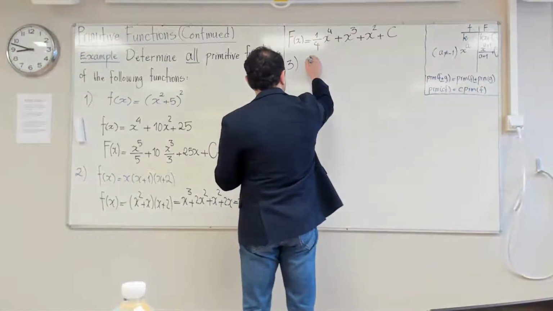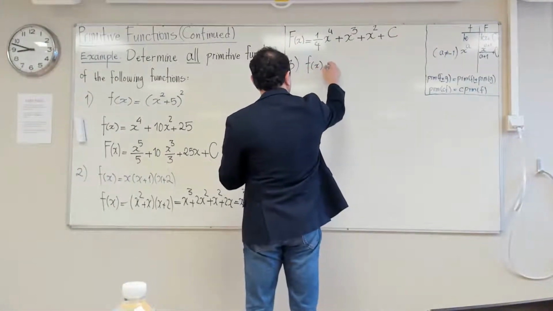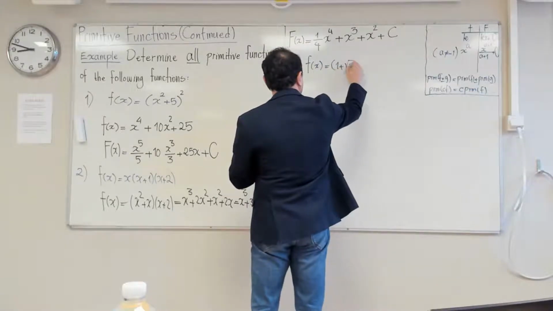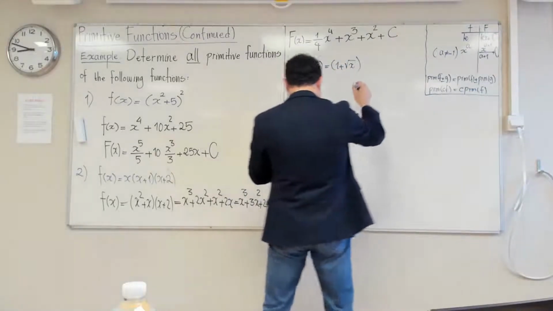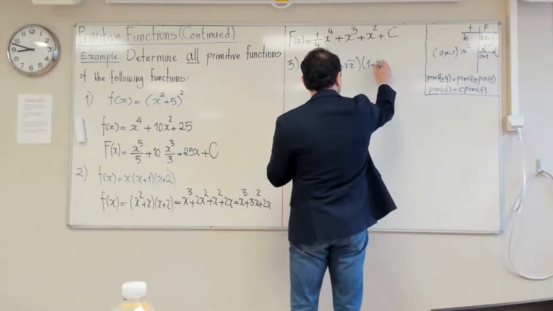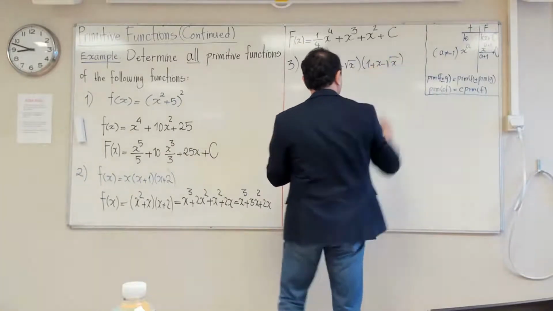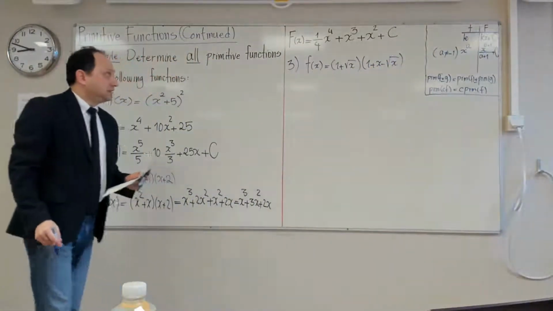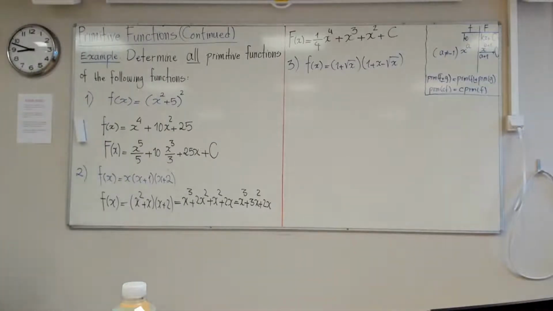F of x is equal to 1 plus square root of x multiplied by 1 plus x minus the square root of x. So it's not easy at all to guess a primitive function for this one, but hopefully by calculation, you will give me the answer.